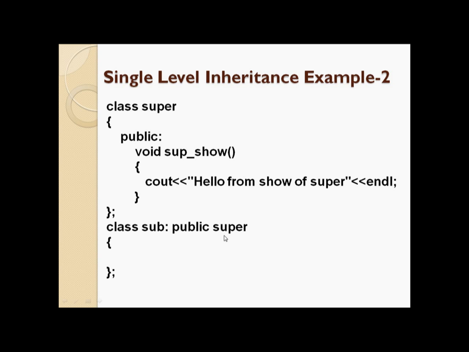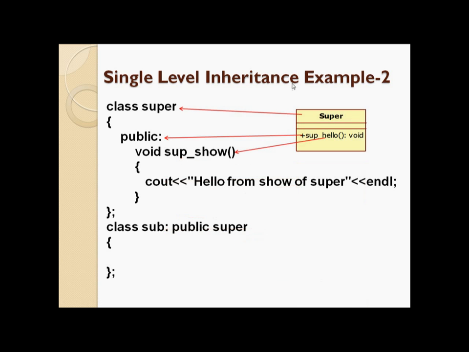Since we are interested in accessing this function which is given in public mode of superclass, there is no need to write the same function again because we are applying inheritance. So we can reuse these codes. I have already explained that inheritance supports reusability. So no need to write the function again for this class.